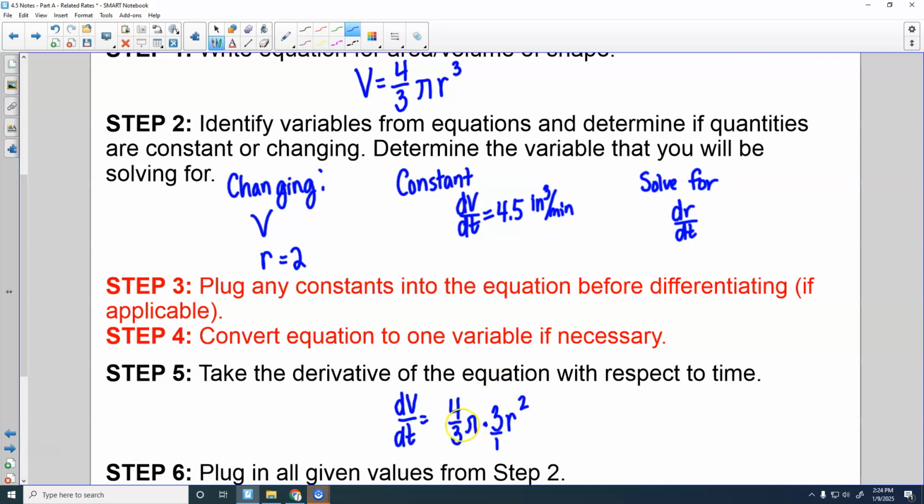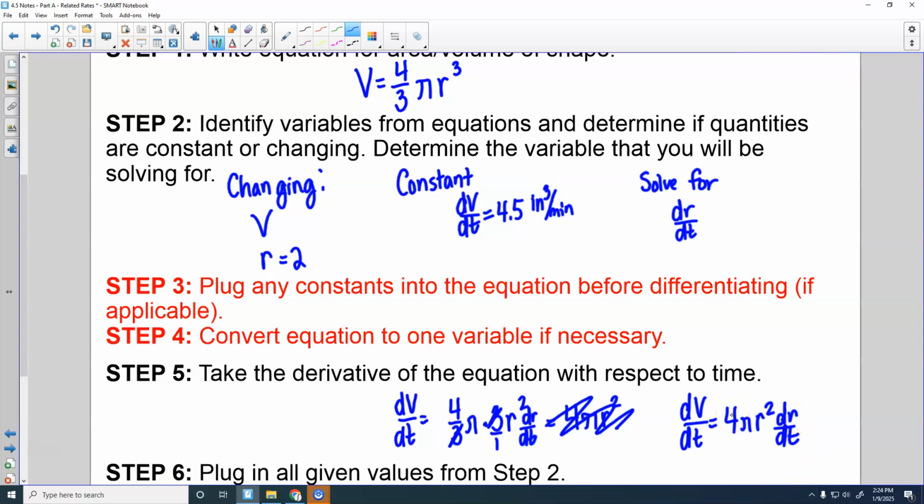That 3 is like 3 over 1, so it's going to cancel with the 3 in the bottom, and you will just get 4 pi r squared, except I'm forgetting something. What do I need? dr/dt should be here. Let me write it over here prettier. dV/dt equals 4 pi r squared dr/dt.